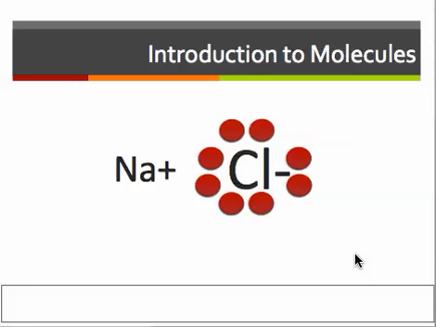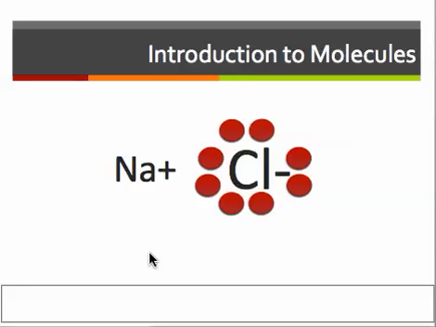We call this ionic bonding. These two atoms are bonded to one another because they are ions of opposite charge. Any molecule that displays this bonding pattern is generally called a salt, and you may recognize that the molecule known as sodium chloride is also the table salt that we use in the kitchen.